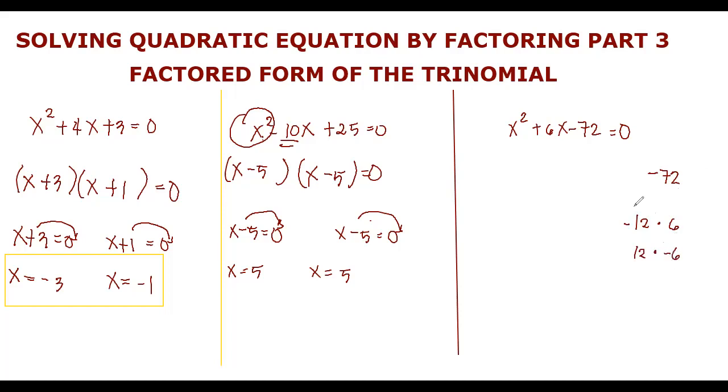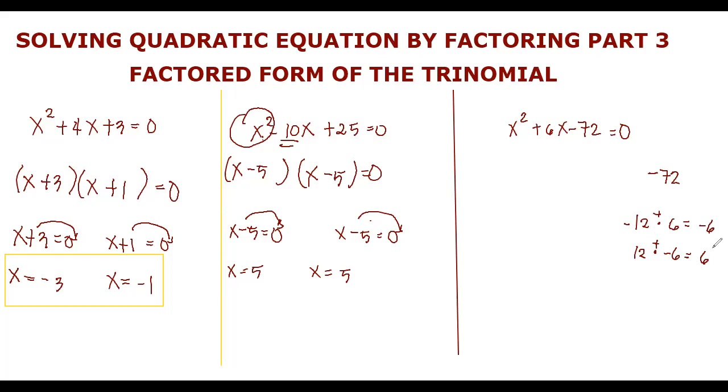Okay, so try to change the operation into addition class. So negative 12 plus 6 will give us negative 6. Okay, so 12 plus negative 6 will give us positive 6. Okay, 12 minus 6 is equal to 6.